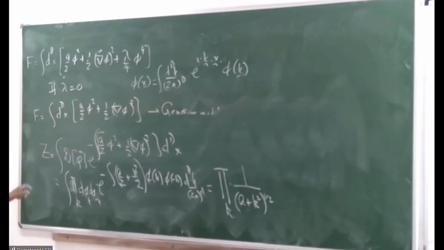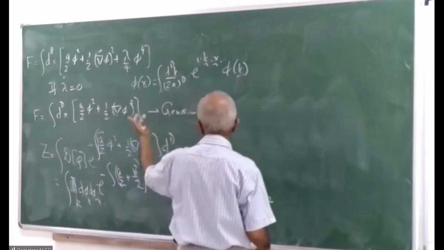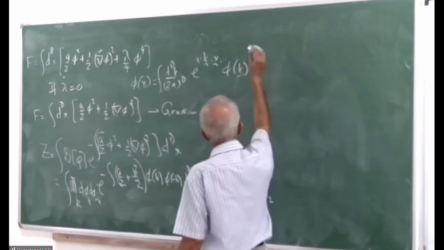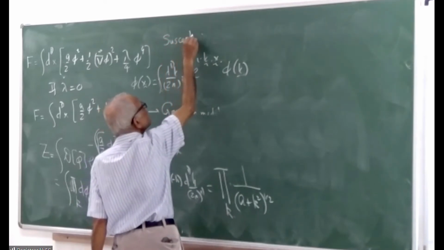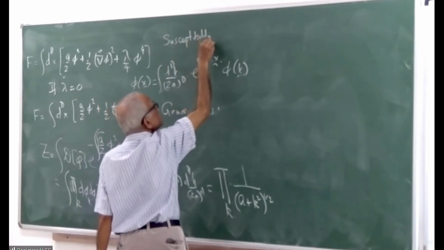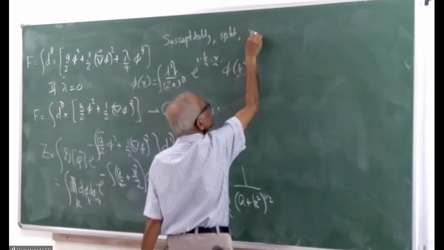So good. So I know how to do this. Now what? So I can write down the partition function. But what I need to do, in this problem of the phase transition, my goal is to calculate susceptibility, specific heat, and magnetization.